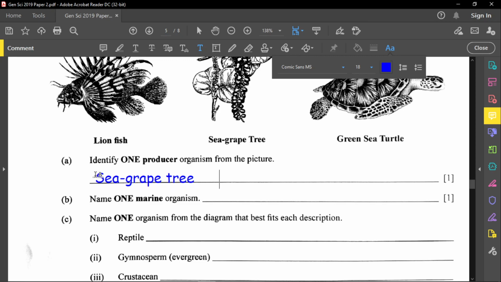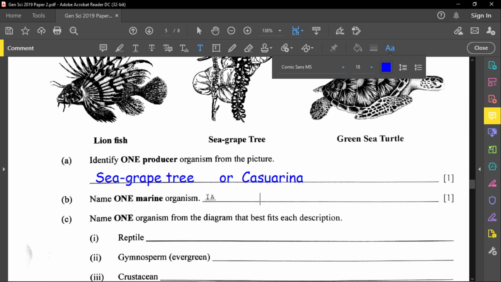All right, and we also could put the casuarina. Not much organism eat casuarina, but it's a plant, so we could put that as well. So the casuarina plant is a producer as well. Again, not much organism will eat the casuarina.